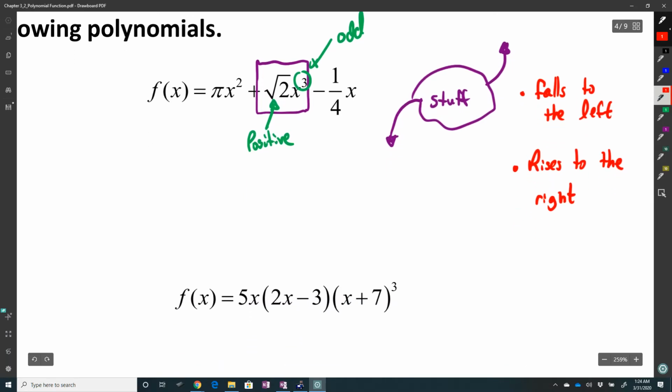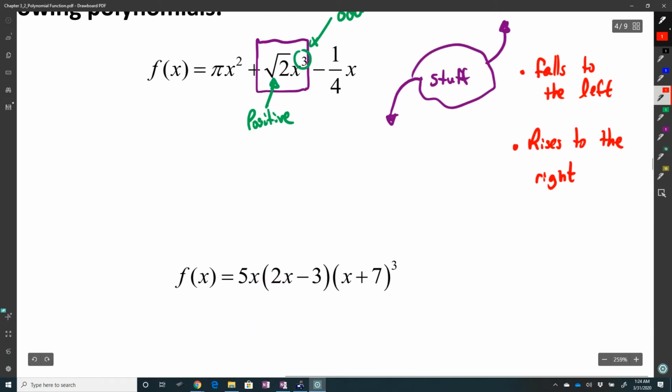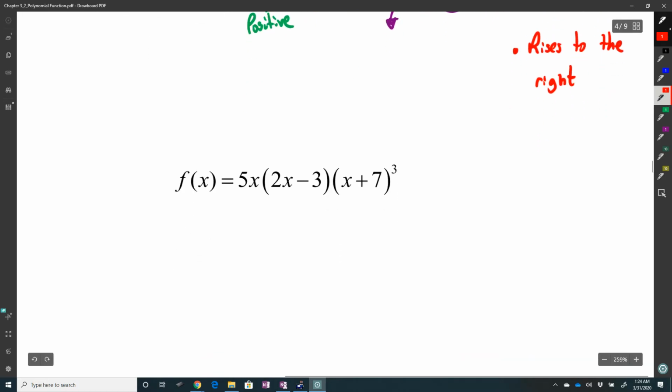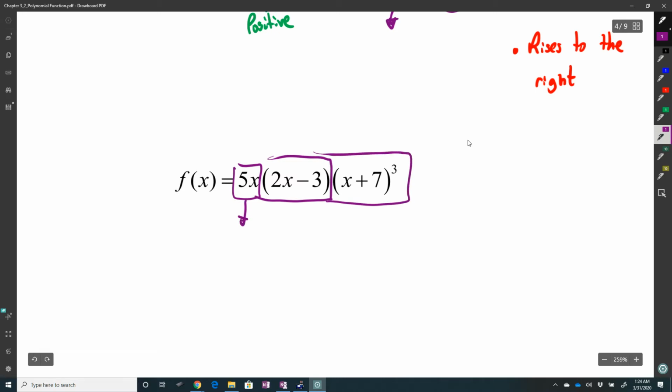Okay. Now the last one, 5x times 2x minus 3 times x plus 7 cubed. Right, so again, first we got to find the leading term. The leading term is the leading term of each group multiplied together.